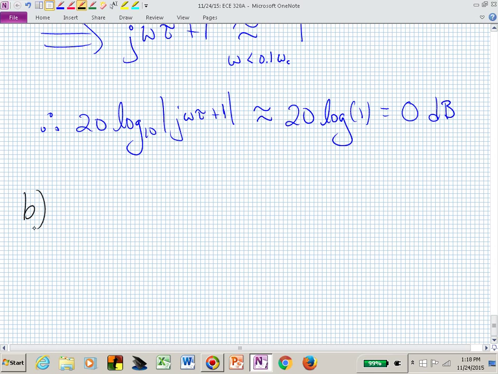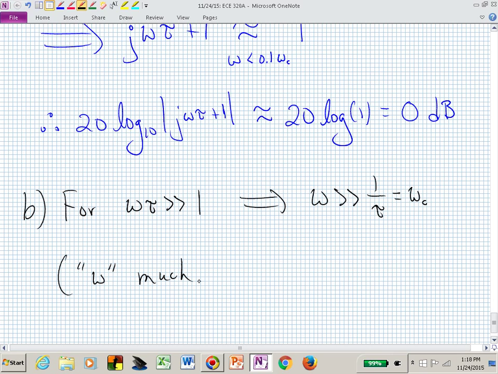Now, if we look at another extreme, where omega tau is much bigger than 1, or omega is much bigger than 1 over tau, which again is our omega c. What do you think we mean by omega much larger than the break frequency?